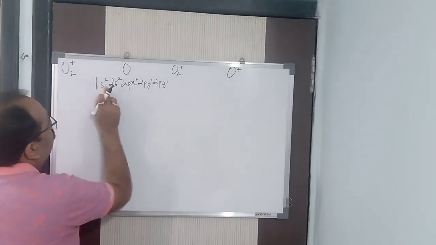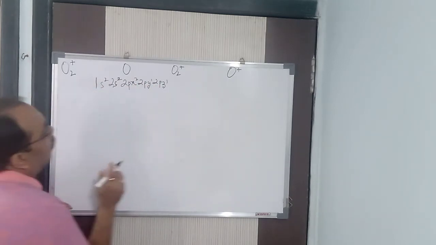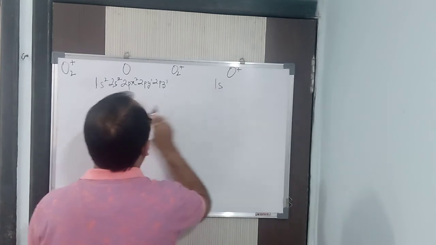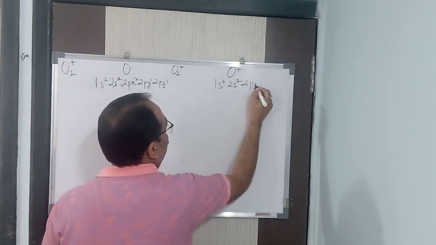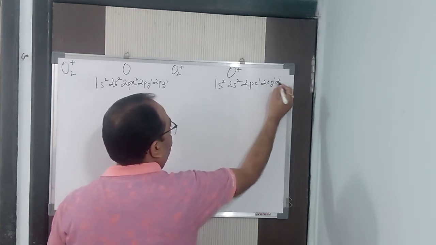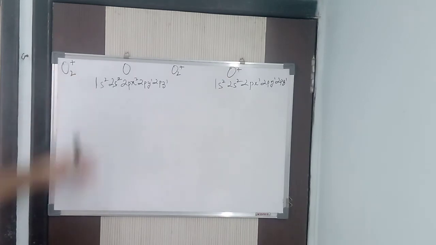Count it: 2 plus 2 is 4, 4 plus 2 is 6, 7, 8. Now here it will be 1 electron less, and it will be less from the 2px. So it will be 1s2, 2s2, 2px1, 2py1 and 2pz1. You need to arrange in this manner from below.